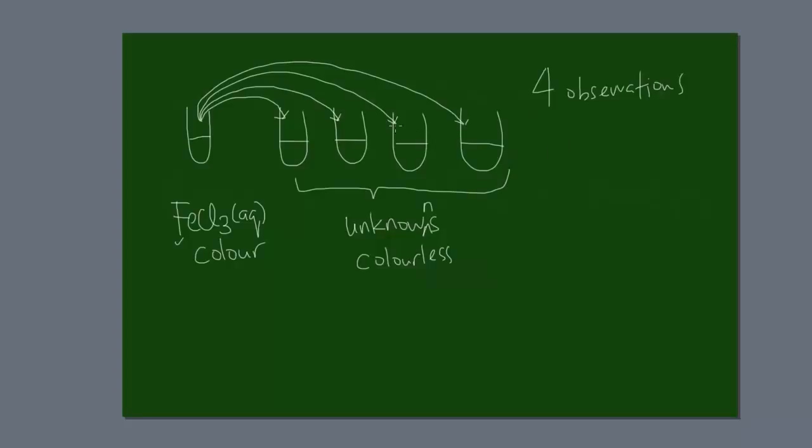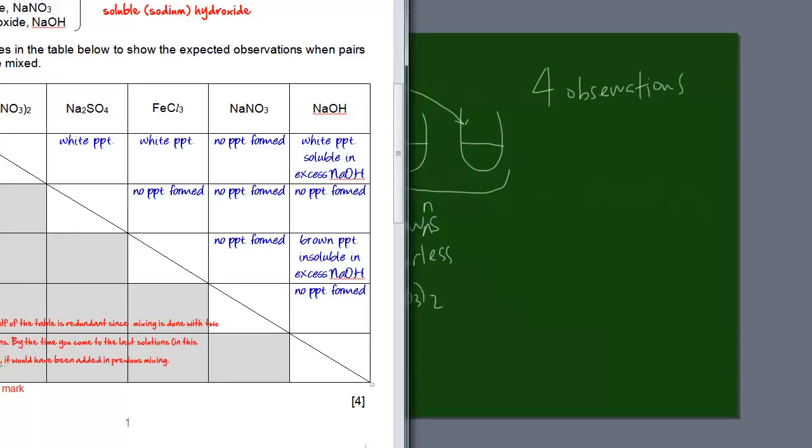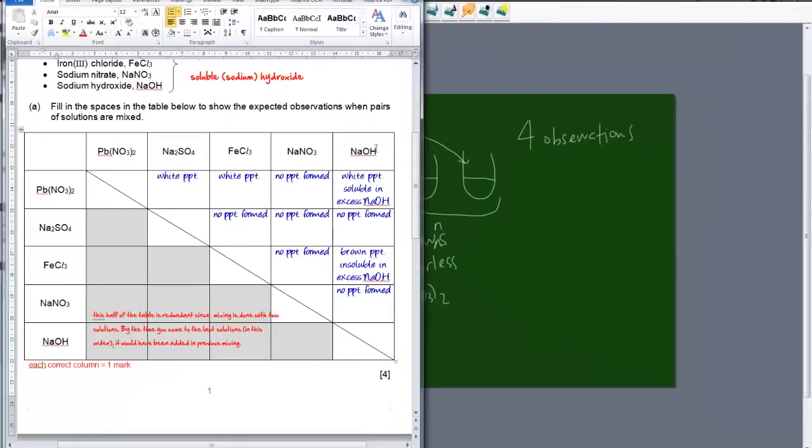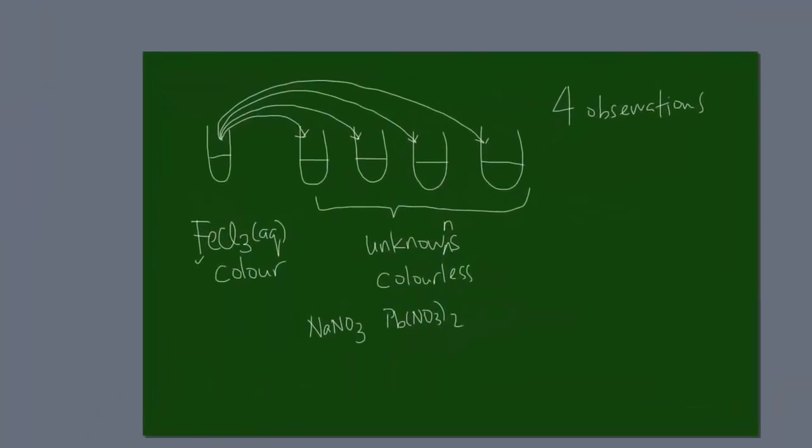Now, follow me closely. Let's say I have this first solution as NaNO3, and I have this solution as Pb(NO3)2, and the others are Na2SO4 and NaOH.